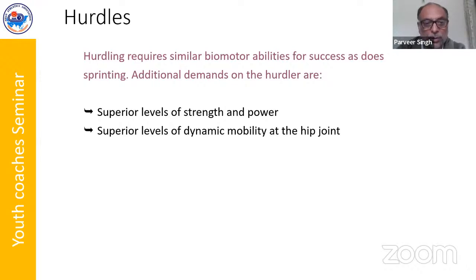The same point applies in the hurdles: when a hurdler is landing from a height, again he has to accelerate and react. The hurdler needs a better level of strength, explosive strength, and reactive strength. Along with that, a hurdler needs more hip mobility, a superior level of dynamic mobility at the hip joint, whether it is hamstring dynamic flexibility, or hip joint mobility to clear the lead leg or the trailing leg.